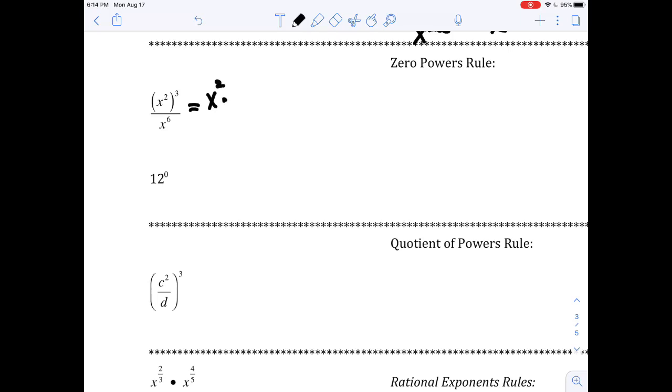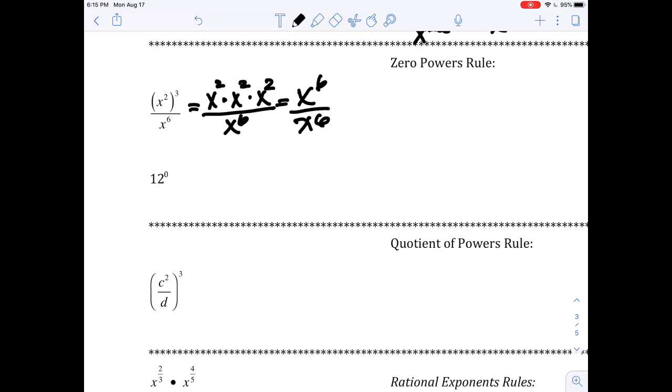So that's going to be x squared times x squared times x squared over x to the 6. Now we remember you add those, and so that's going to be x to the 6 over x to the 6. And we could have used our power to the power rule also. You will find when you're working with exponential expressions that sometimes you can use one rule or another rule, and both will lead you to the correct result.